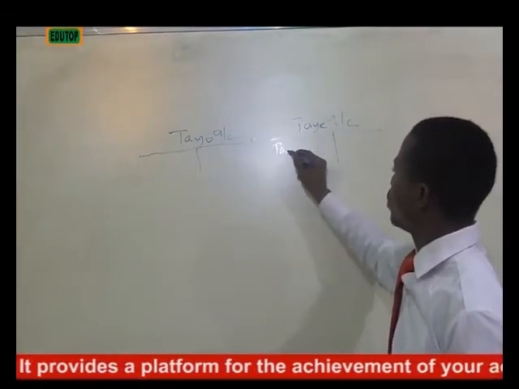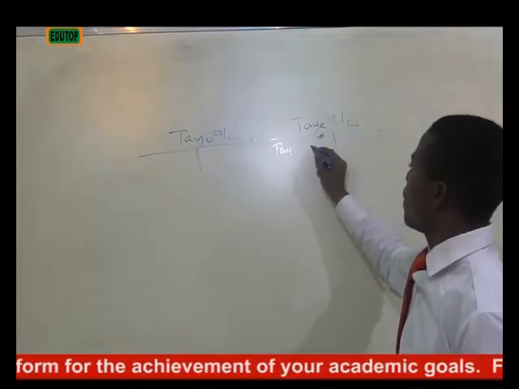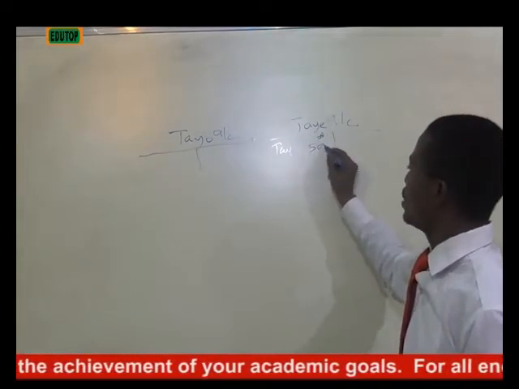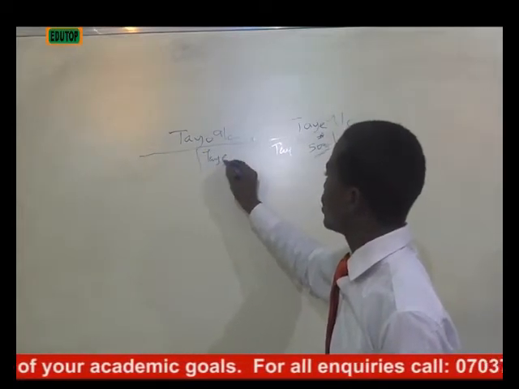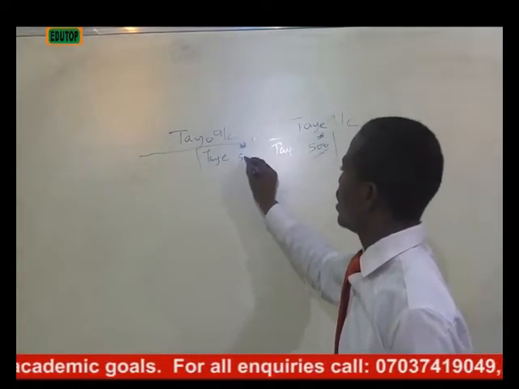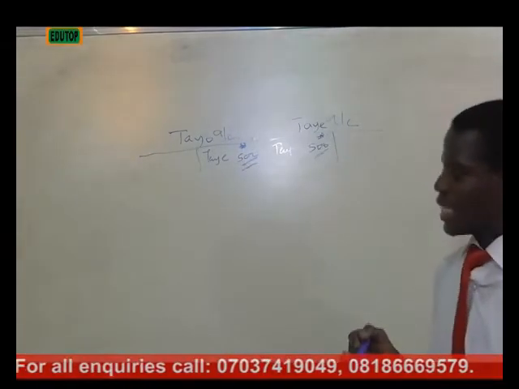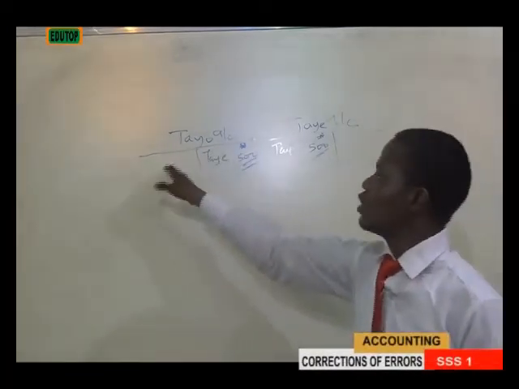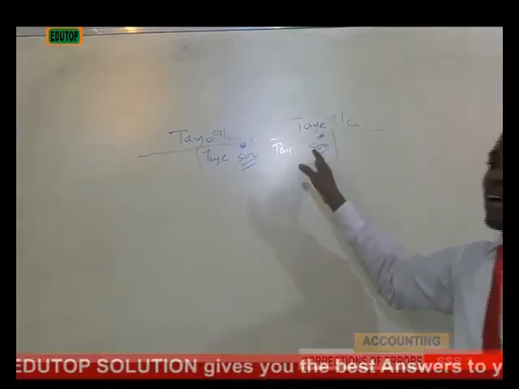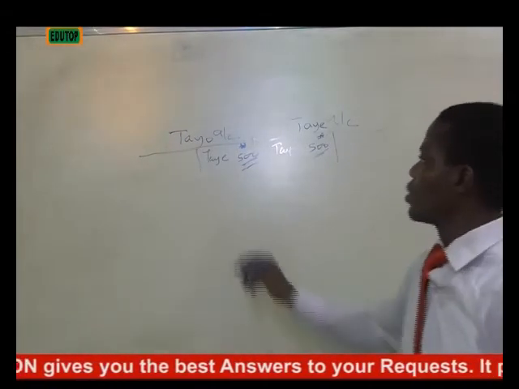This is the 500, then Taye's account. This is how it was. They were supposed to put it into Tayo's account, then they transferred it into Taye's account. What we now do is correct the error.